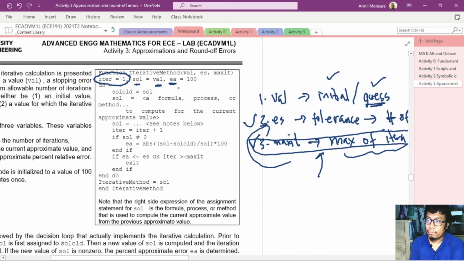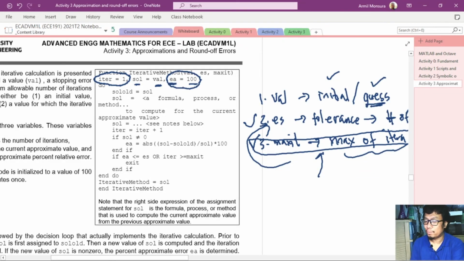And then your EA, we will set EA to 100, meaning 100%, so that at least, kasi if we don't initialize EA, baka mapunta sa point that your EA becomes less than ES kagad. So therefore, hindi mag-execute yung loop ninyo. So that is why it is recommended that you initialize this value to 100. It's possible that the error actually reaches more than 100.